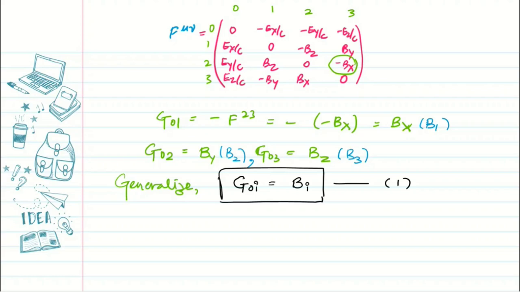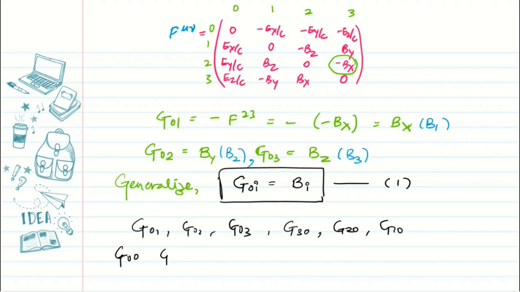We found out these 6 elements, that is G01, G02, G03, and using the antisymmetric property we have also found G30, G20, and G10. The diagonal elements G00, G11, G22, and G33 will be 0 because of the Levi-Civita tensor.